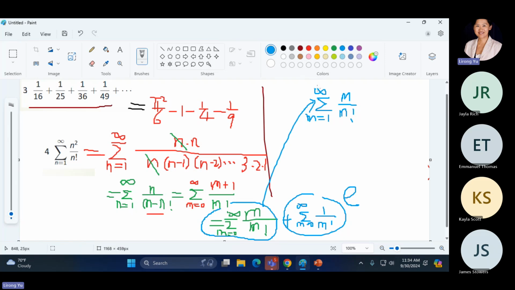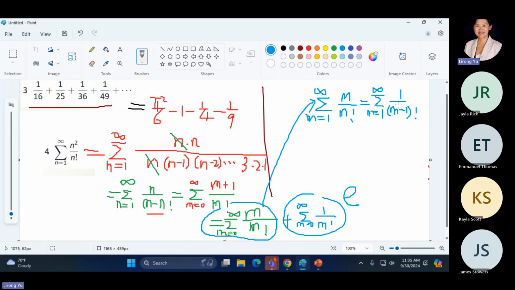I was thinking about, if I have a 0, how do I cancel? Only when m is not 0 can we cancel the common factor. So we cancel the m. Now m is canceled. This m factorial is m times m minus 1 factorial. So it's 1 over m minus 1 factorial, and m is starting from 1 to infinity. And then you can switch the variable.